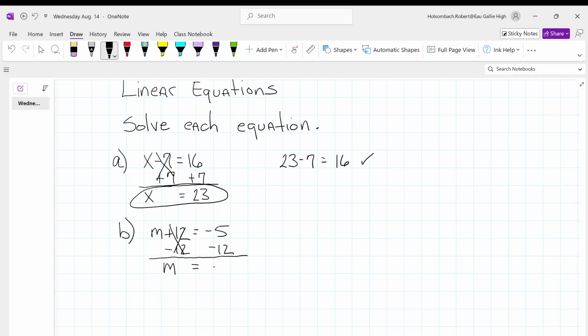And negative 5 minus 12 is negative 17. I'm not going to check every one of these solutions, but you guys hopefully know how to check each solution. You take this negative 17, you substitute it for the m. So you type negative 17 plus 12 and hit equals on your calculator. And if it says negative 5, then your solution is correct.